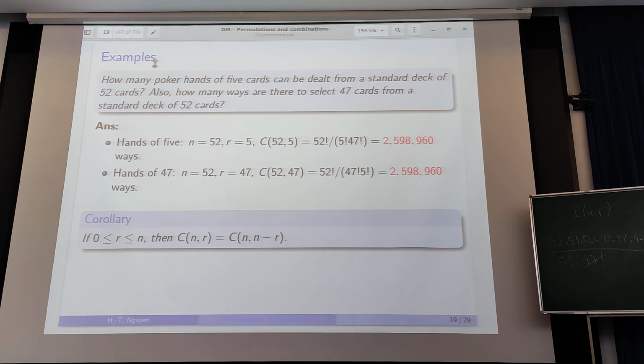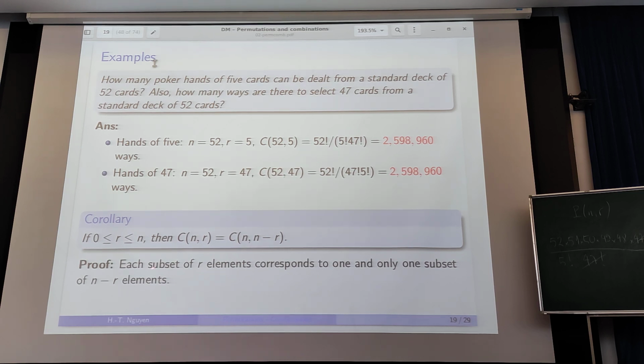Of course, this comes directly from the formula, but it can also be deduced from the remark that each time you take out a subset of size R, you have created a subset of size N minus R, which consists of what remains.